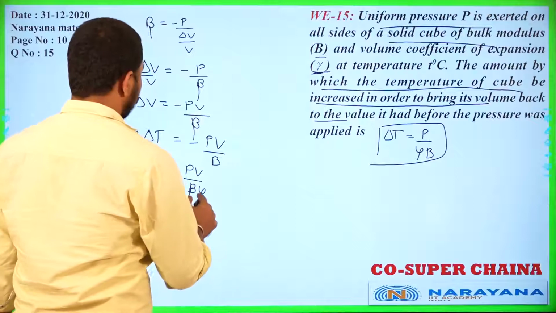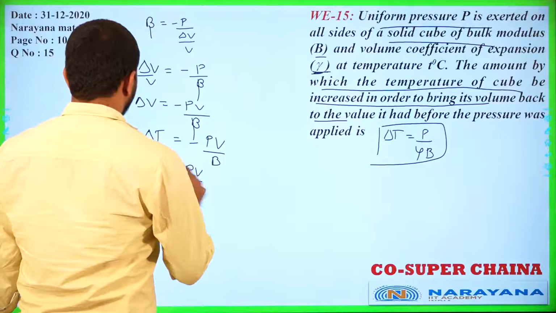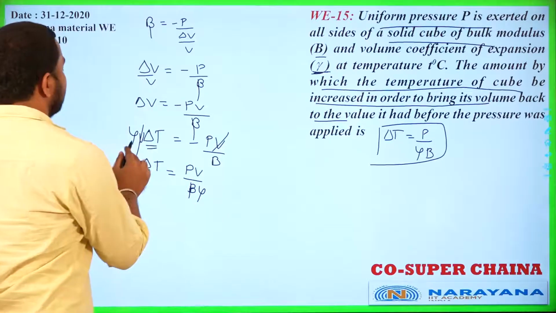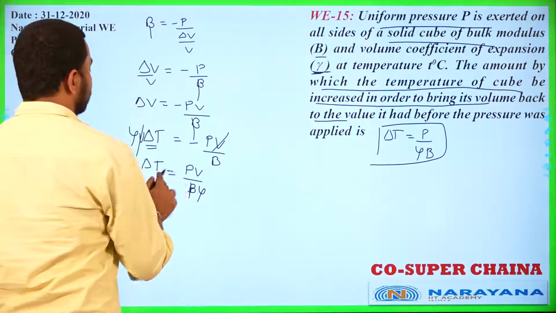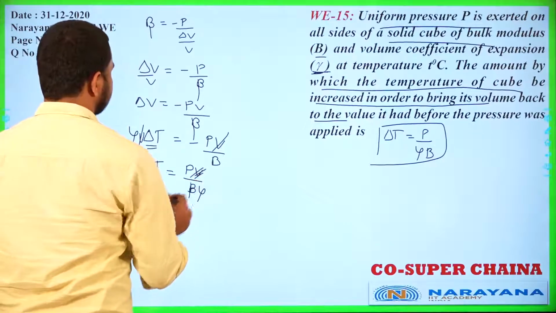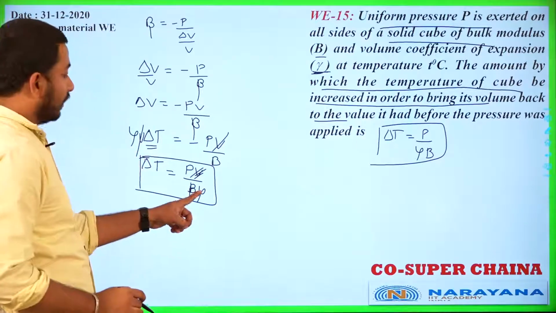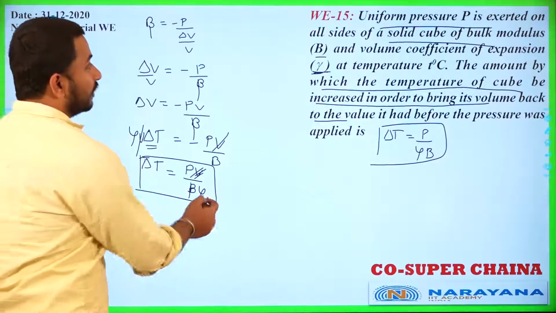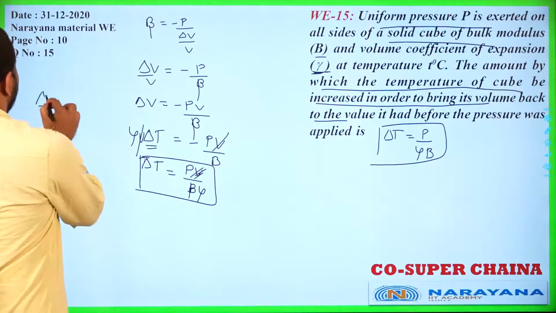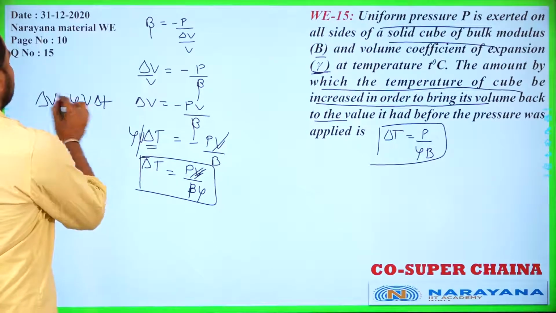V can be cancelled out, since delta V is gamma V delta T. So delta T is P divided by the bulk modulus into the coefficient of volume expansion. This is the expansion.